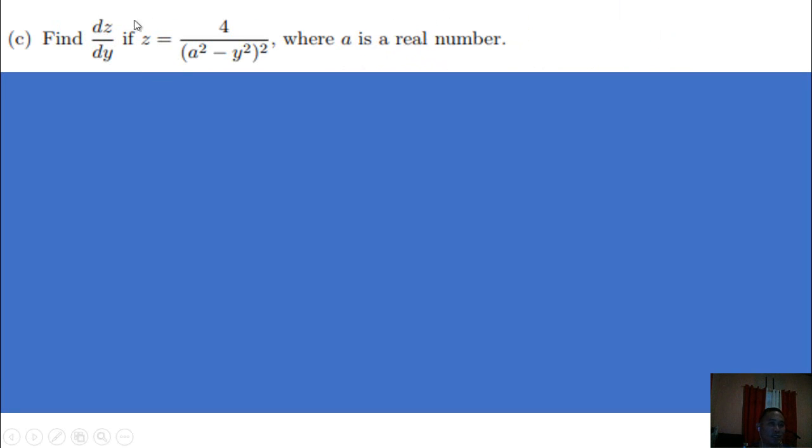If we find dz over dy, if z equals 4 over a squared minus y squared raised to the power of 2, where a is a real number. That means ang a dito is constant. To do that one, remember na in terms of z. So, kung magamit tayo ng ating quotient rule, medyo matagal. And alam natin na ang 4 sa taas, ang derivative niyan ay 0.